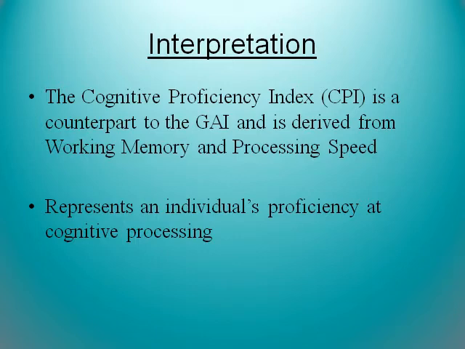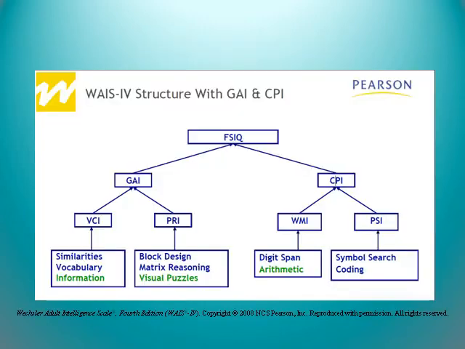So you can theoretically administer just those subtests if you want to look at just their cognitive processing without the GAI involved. And this is a great look at what those look like and the subtests that filter into them.